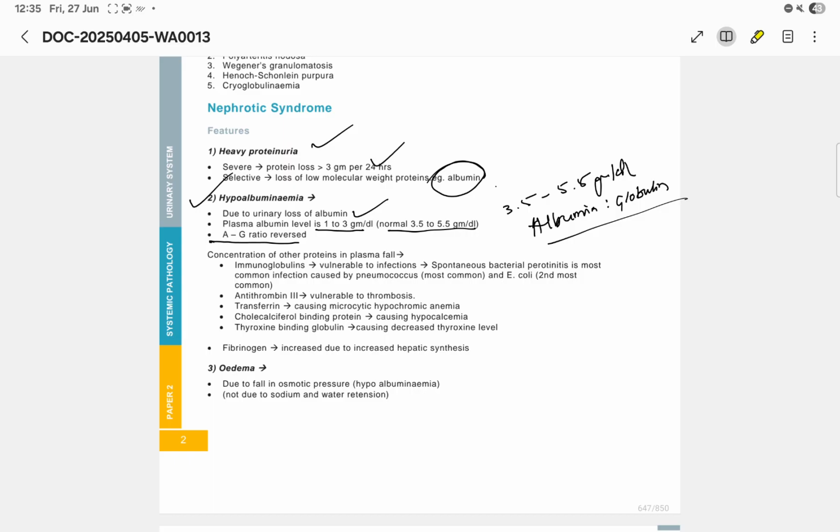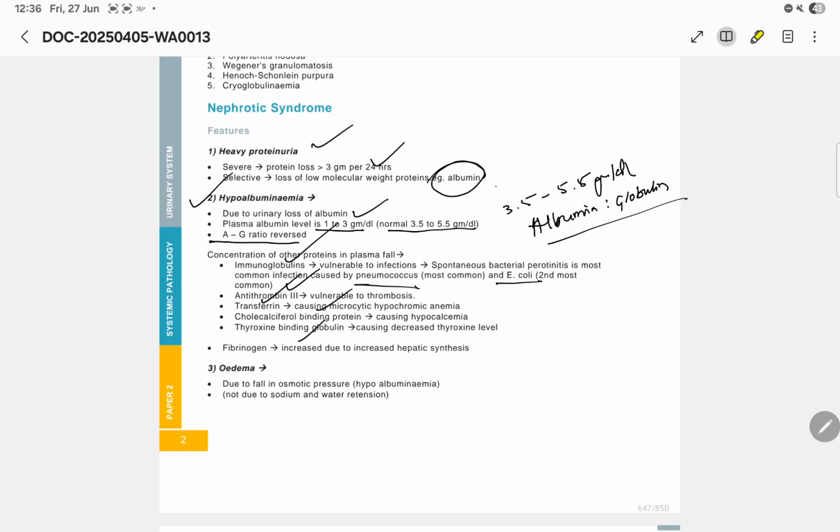Spontaneous bacterial peritonitis is the most common infection, like infection with pneumococcus and E. coli. There is loss of immunoglobulins, antithrombin 3 and transferrin, and the concentration of other plasma proteins falls, along with cholecalciferol and thyroxine binding proteins.